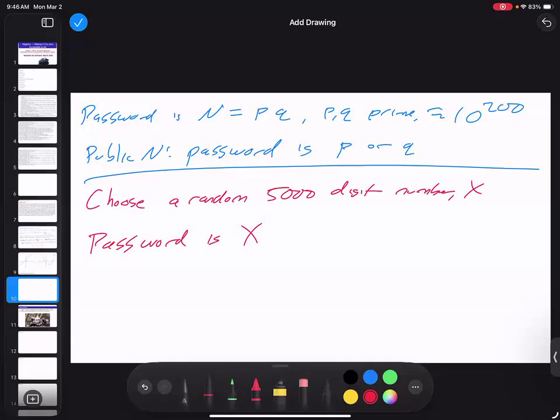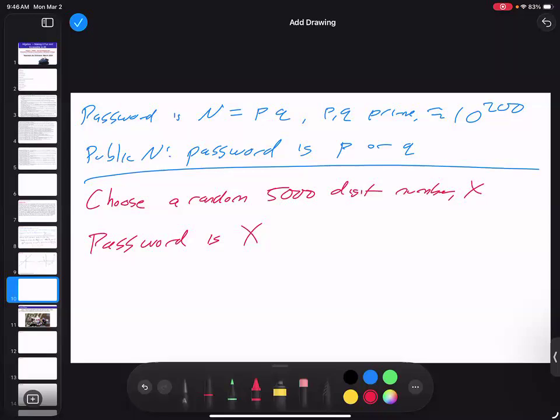I choose a number that's basically the product of two primes. Each prime has about 200 digits. Or I choose a number X, which is of size 10 to the 5,000. Here you have two things that work, whereas in the second you only have one thing that works. Which do you think is more secure? Which do you think is going to be harder to crack?